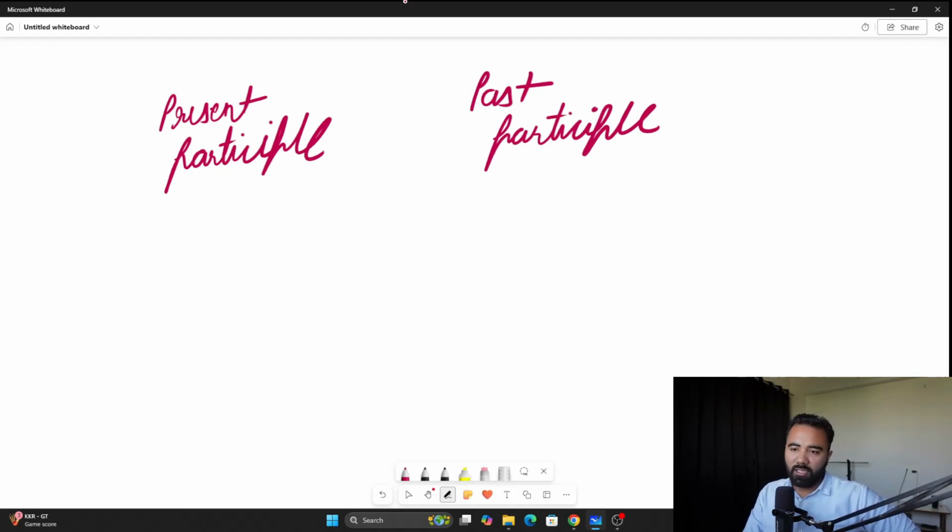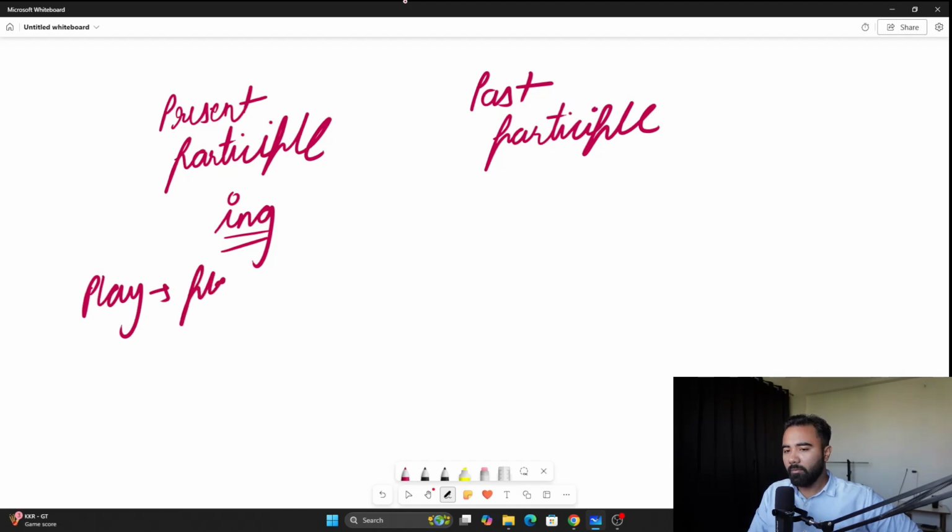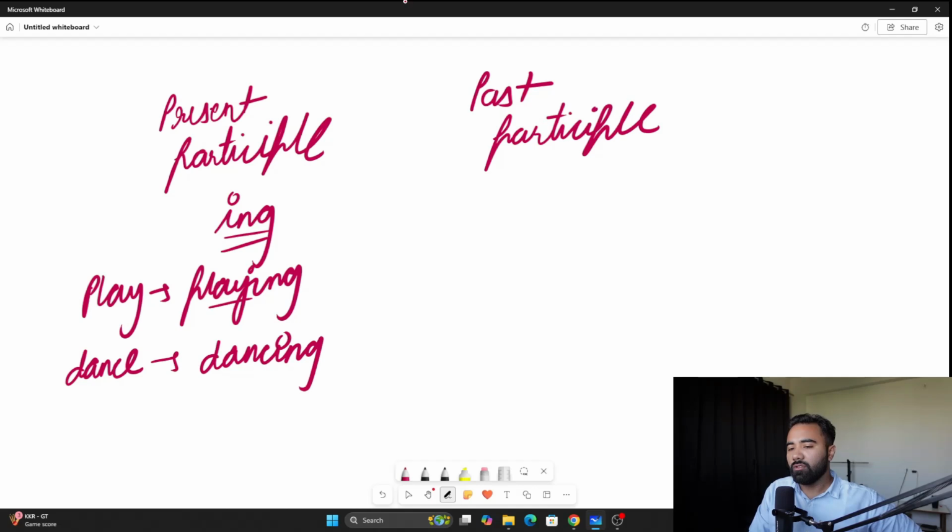So whenever you see an ing at the end of a verb root, for example, play becomes playing, dance becomes dancing. So this is present participle. This is again dancing, the ing form of the present participle.